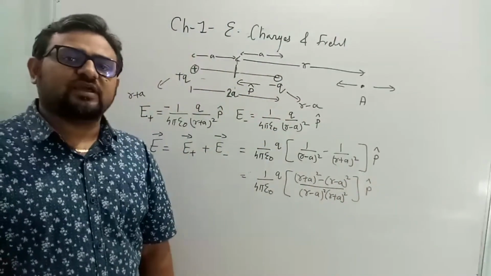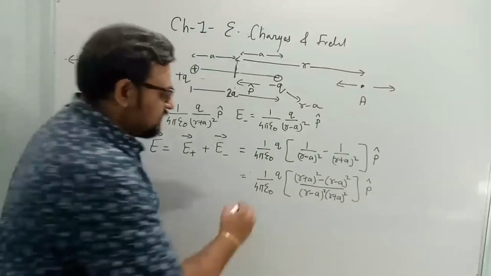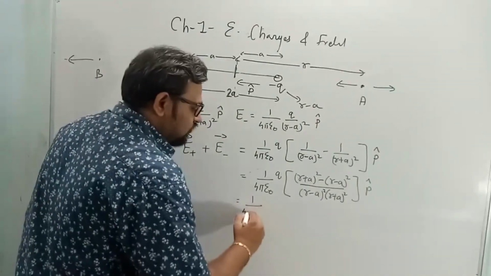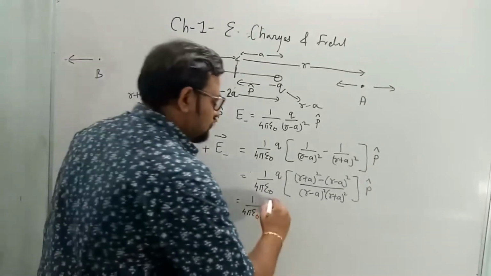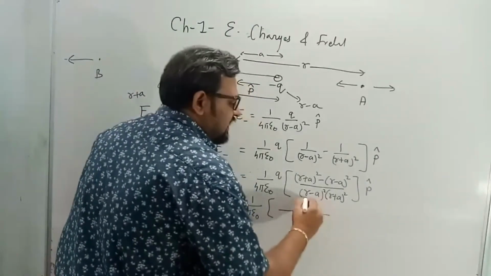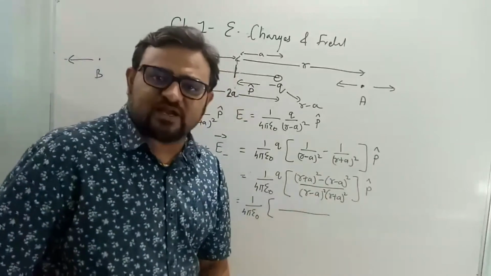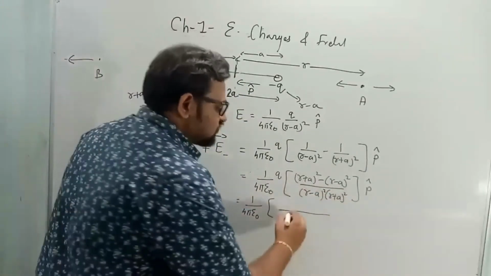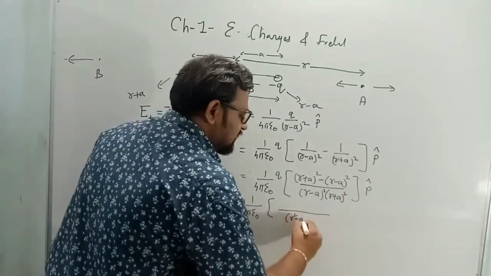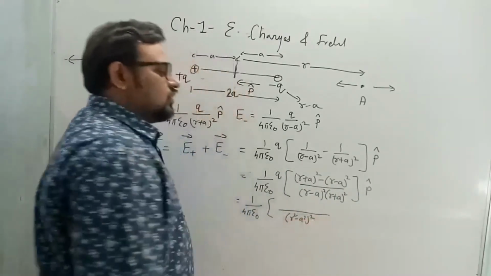Okay, I have taken the LCM. Clear? So 1 by 4 pi epsilon 0. a plus b, a minus b, there will be a square minus b square, and this is whole square. So this will be r square minus a square whole square.